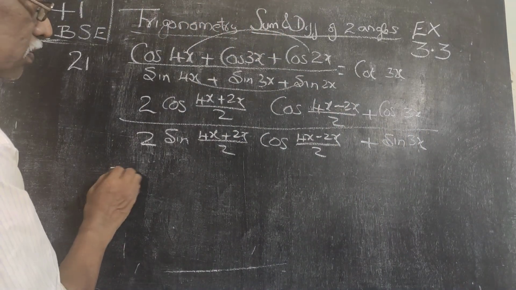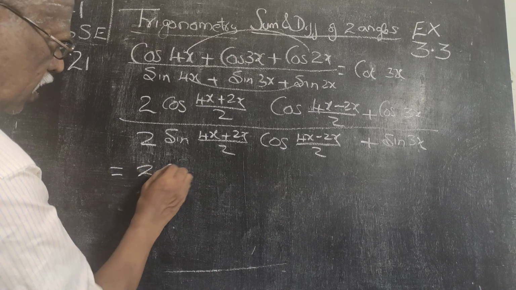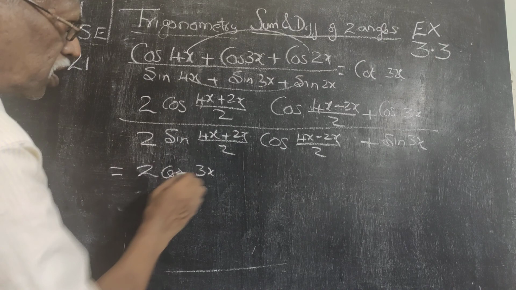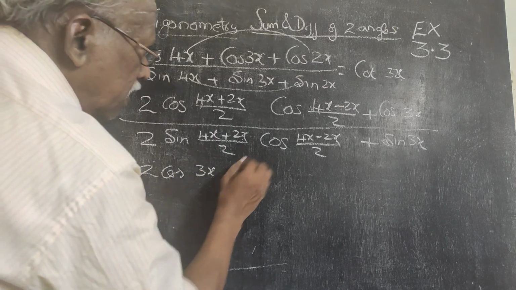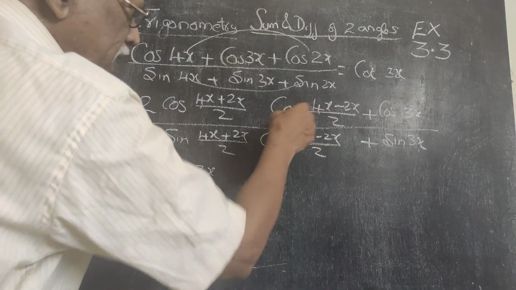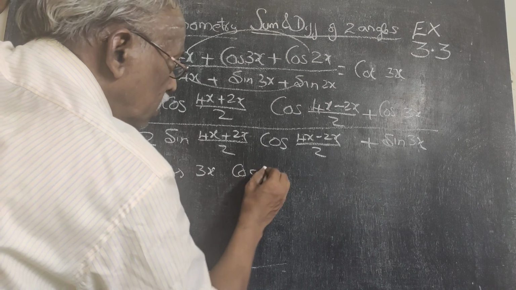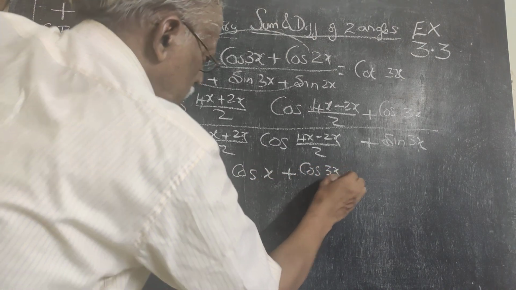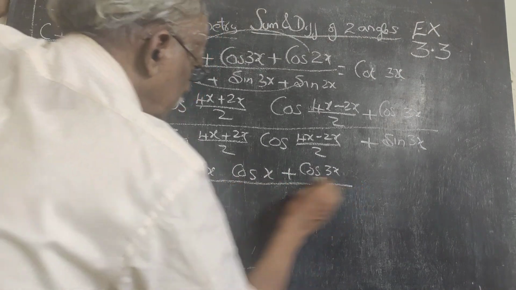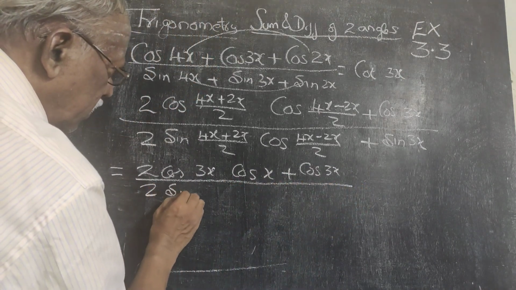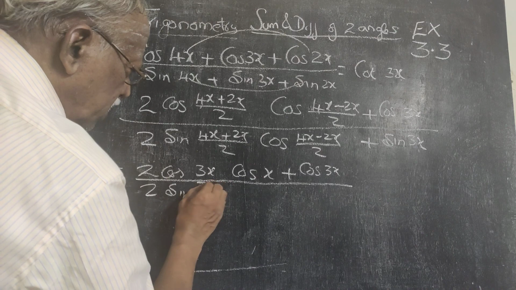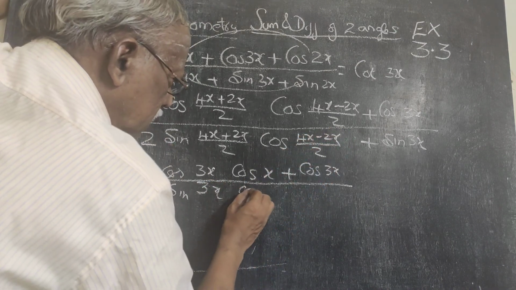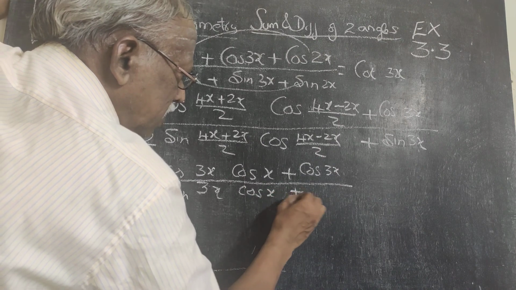Simplifying this part, 2 cos 3x, (4x plus 2x)/2 is 3x, and here (4x minus 2x)/2 is x, plus cos 3x. The whole thing by 2 times sin 3x, and cos x, plus sin 3x.